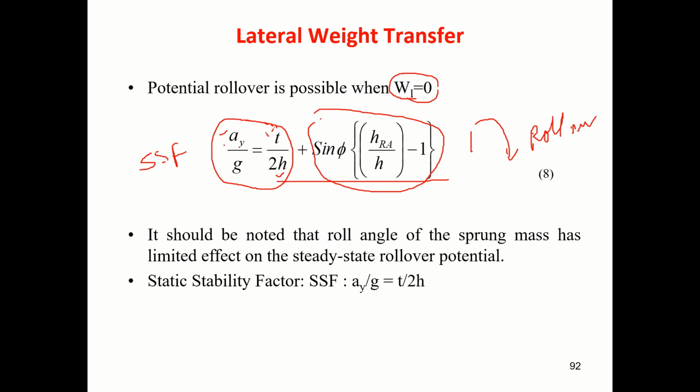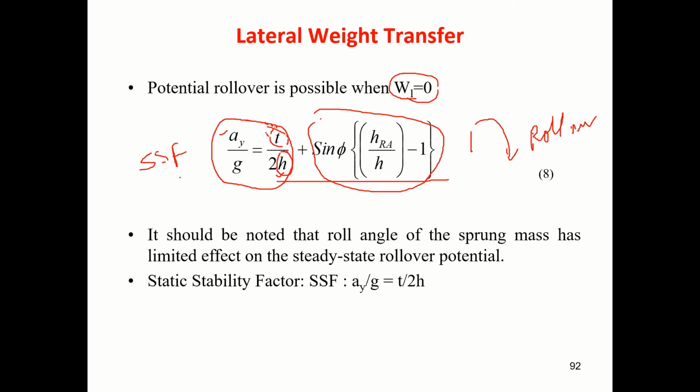So you want to reduce the probability of rollover. It is necessary to have higher track width, also smaller center of gravity height. So if you take formula cars and all those things, H will be very, very small, and chances of vehicle rolling over is not there at all, right?